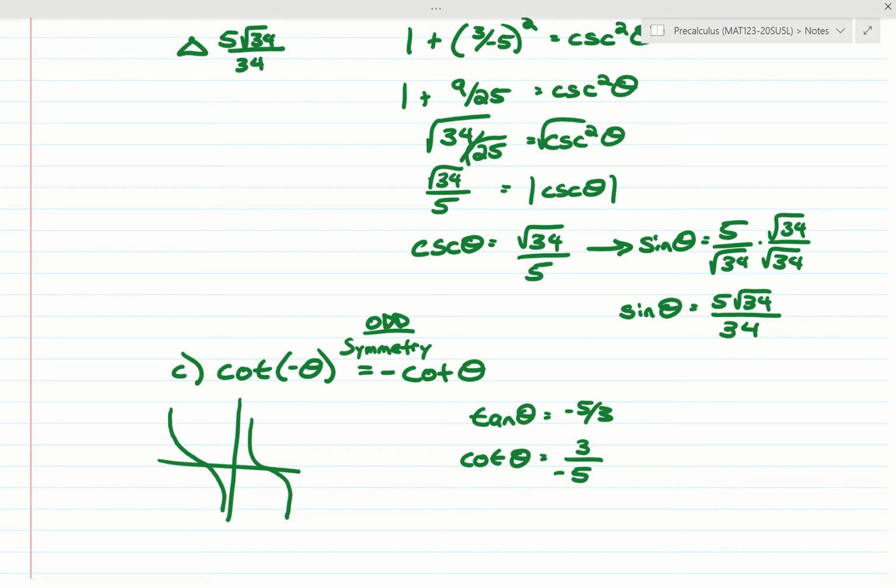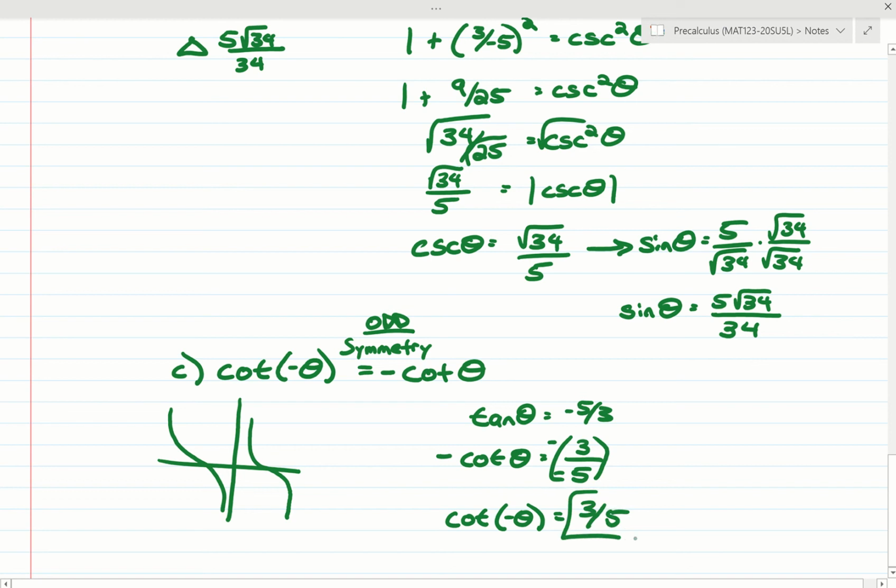when we put in the opposite of theta, we actually get the opposite of the function. So if tangent of theta is negative 5/3, the cotangent of the opposite of theta would be the opposite of this. So that actually gives us a final answer of positive 3/5. It's a little bit tricky.